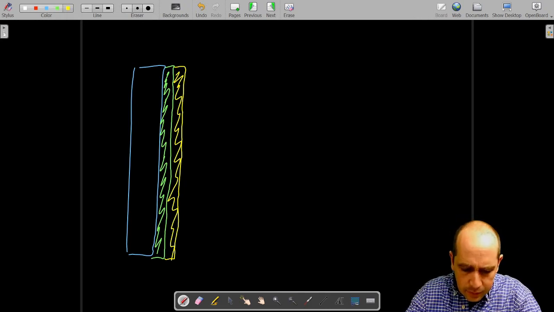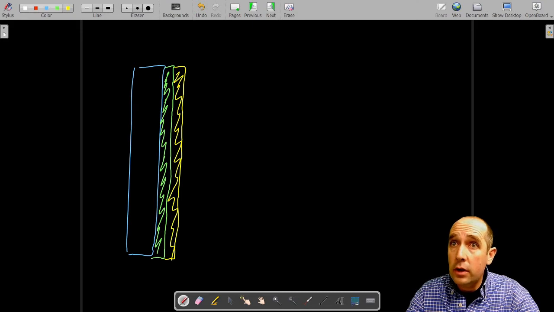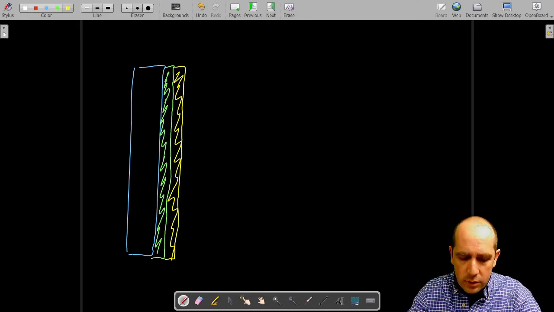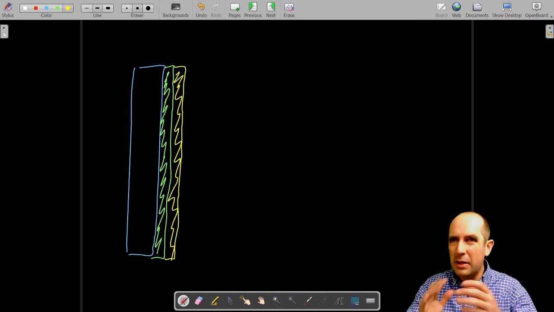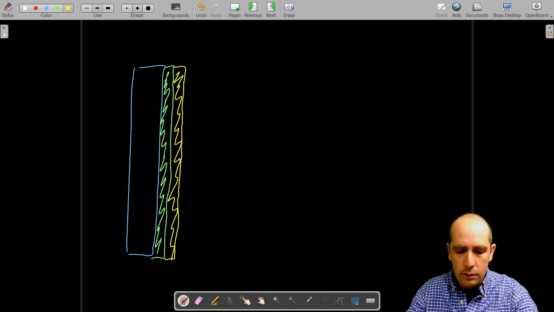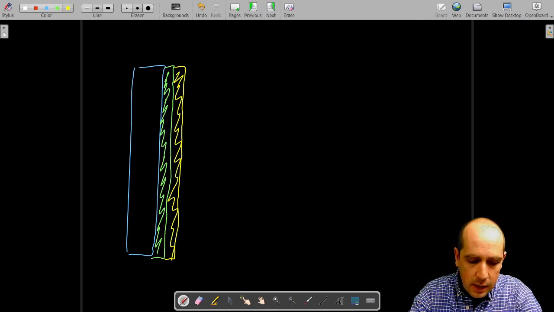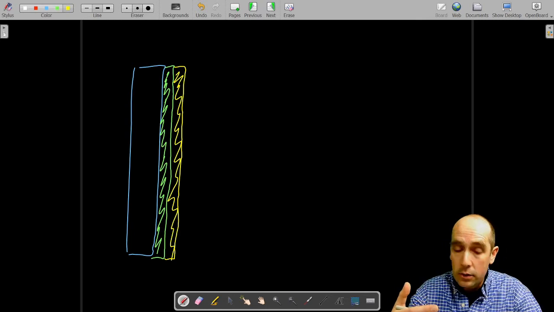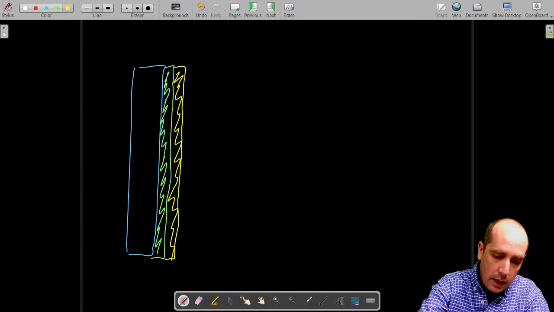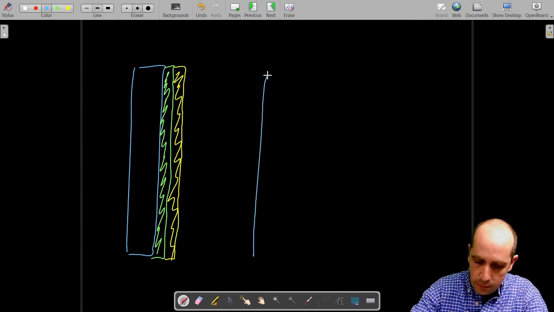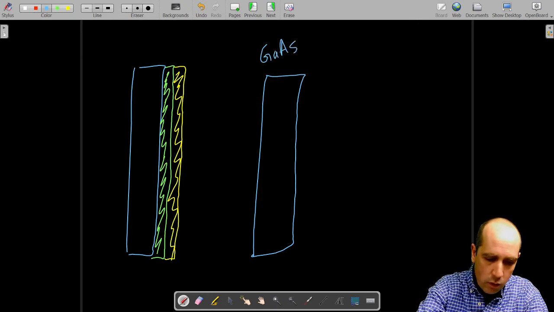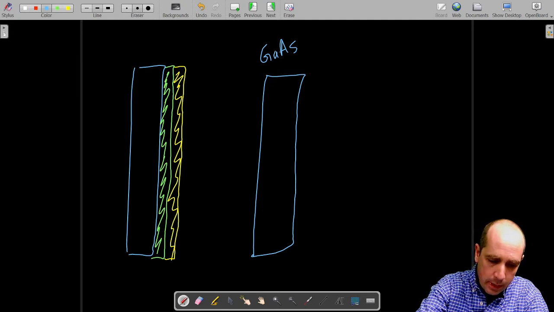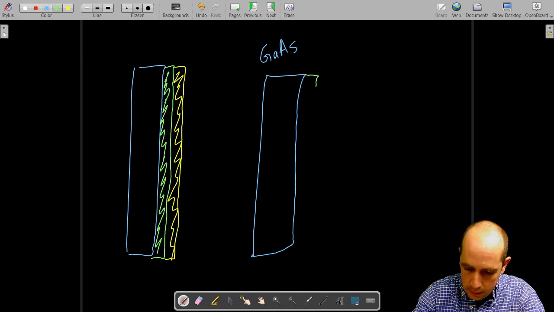And not just that, if we don't worry too much at the moment about the lattice mismatch problem, which we will talk about a little bit more in just a minute, we could even combine different semiconductors. So we could, for example, have a wafer of, let's say, gallium arsenide, and then grow on top a layer, for example, of indium arsenide.